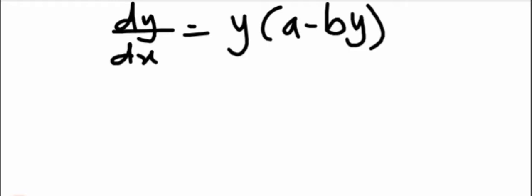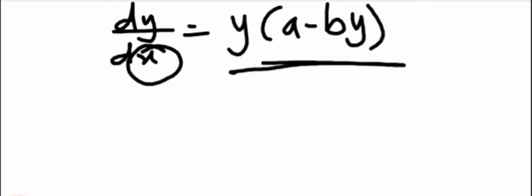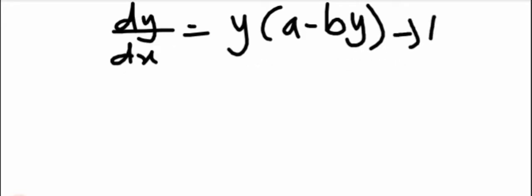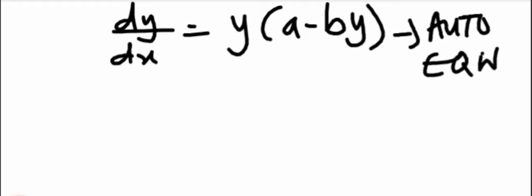And how do you answer it? Check. Where is my independent variable? Can I see it on this side? No. So what does that mean? It means that the equation is autonomous. I'll just write it as auto, okay?